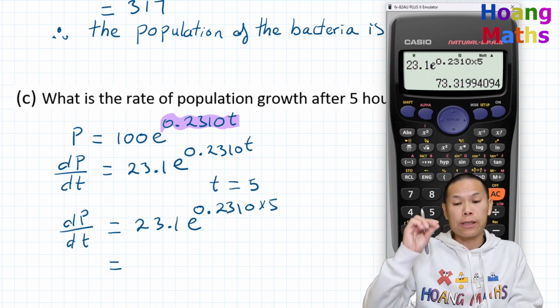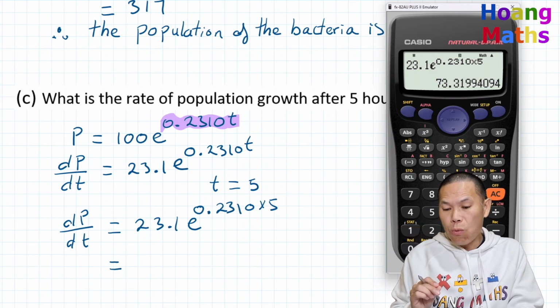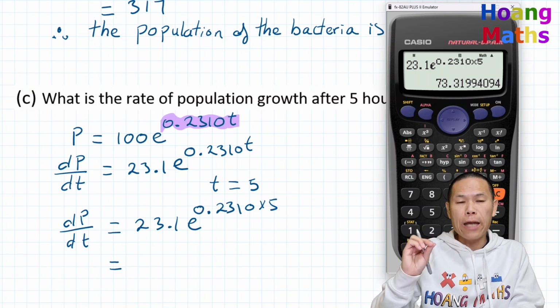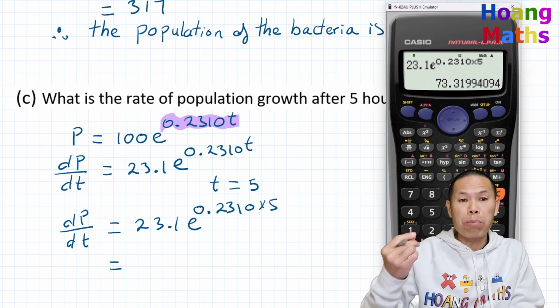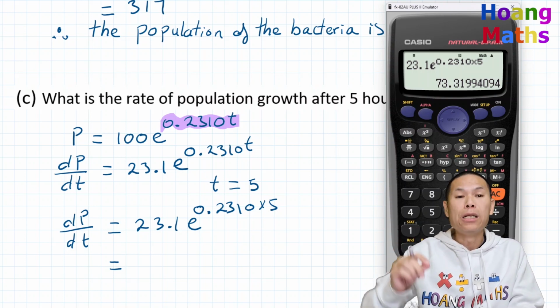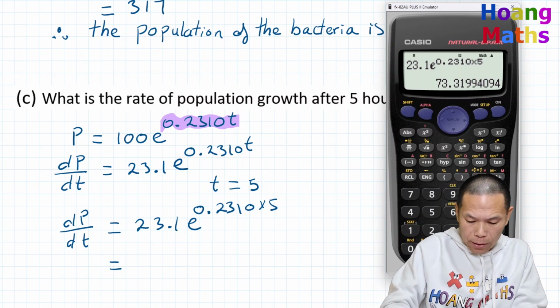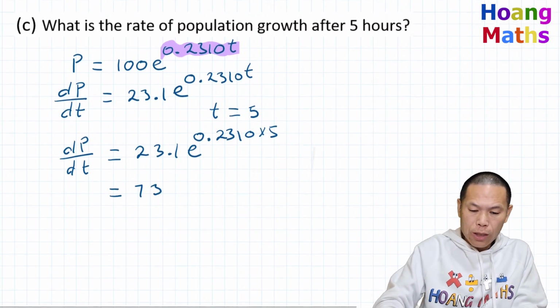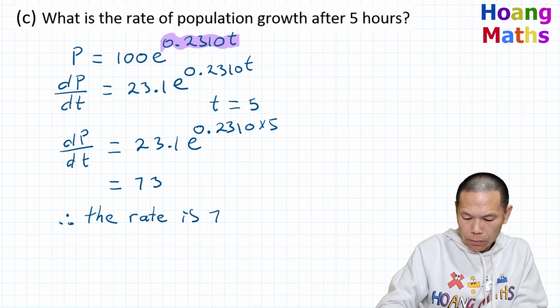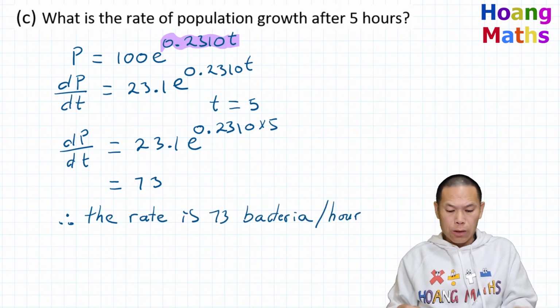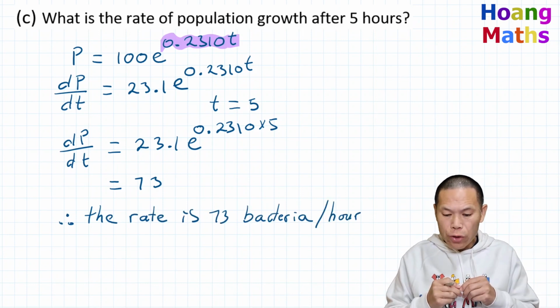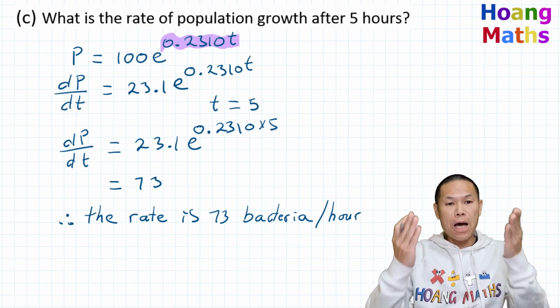So there you go, 73.319 and so on. Again, we're dealing with populations, so a whole number. So 73. Therefore, there you go, 73 bacteria per hour.